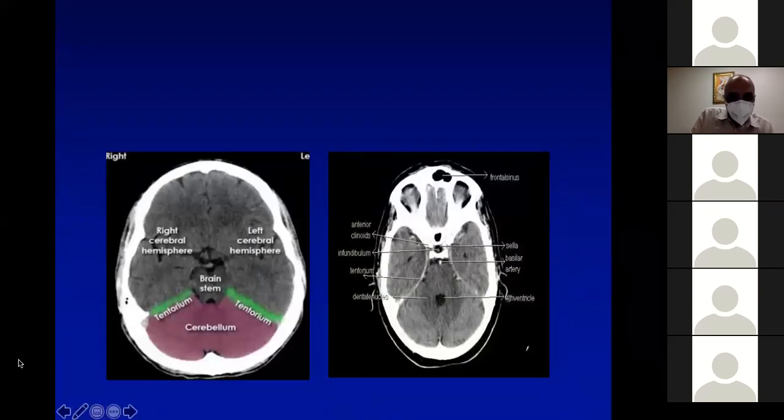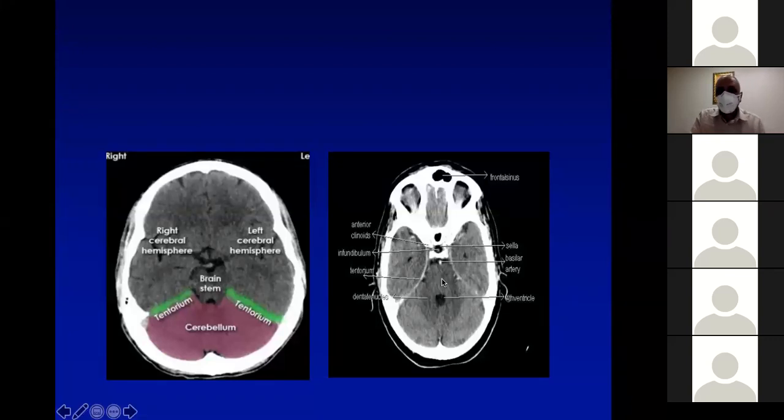Again, on another image, you could see that this is the left cerebral hemisphere. This is the right cerebral hemisphere. The green color actually indicates the tentorium cerebelli, and the pink color is the cerebellum. On this image, this is slightly lower image than this one. This is the posterior fossa. This houses the cerebellum. Anterior is the brainstem.